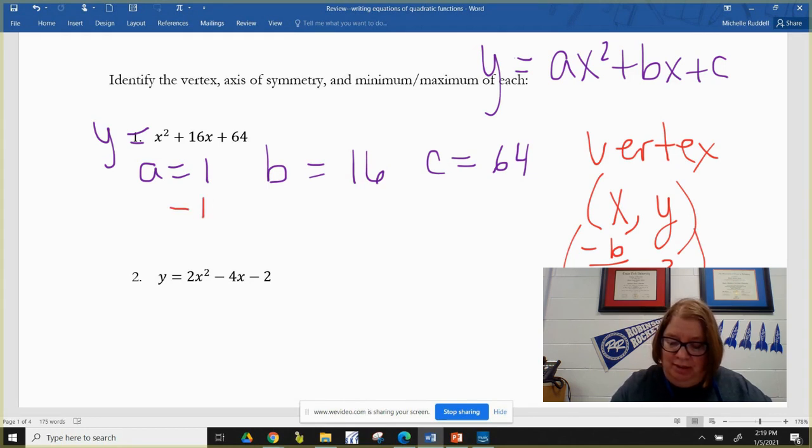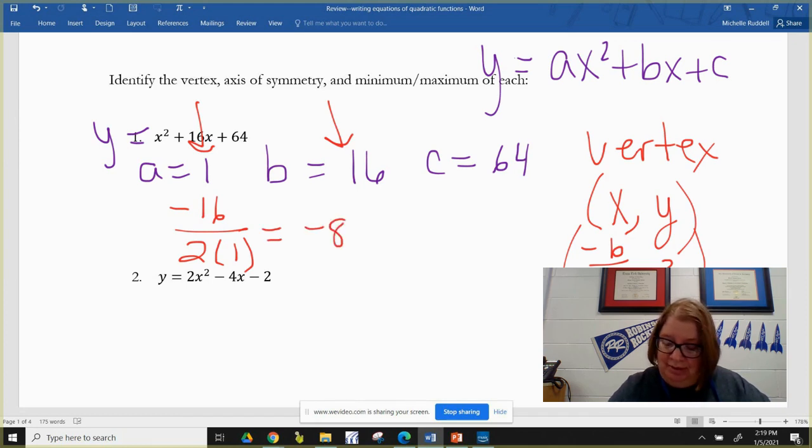I got the a from here and the b from there. Negative 16 divided by 2 is negative 8. That's going to be the first part of our vertex. Then we're going to take that negative 8 and plug it in for x, and that's how we're going to get the y. You can use a calculator to do this. You can also see these parts from Desmos if you graph them, and we'll look at that in a minute.